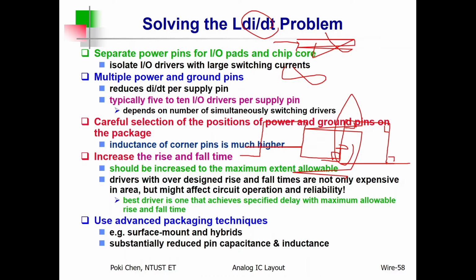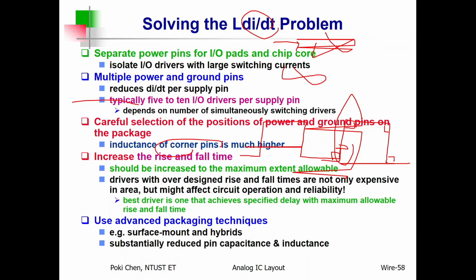It is really bad for your voltage drop, right? So on the contrary, you need to slow down the rise or fall time as much as possible for your design, right? As long as it fits your specification, you need to slow down the rise and fall time. All right, don't try your very best to speed them up.